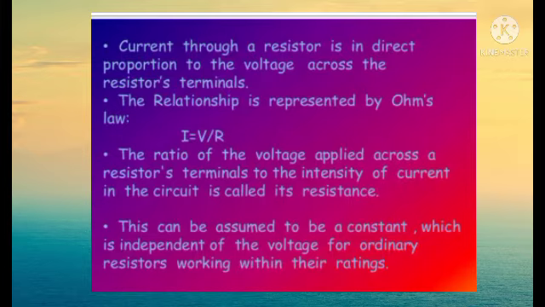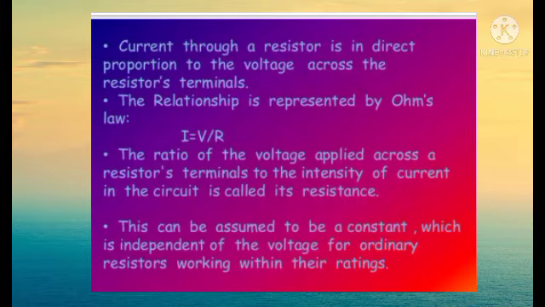The relationship is represented by Ohm's law: I is equal to V upon R, where I indicates current, V indicates voltage and R is resistance. This equation is very important to find out the value. Here three values are involved, so if any two values are given, we can find out the third.